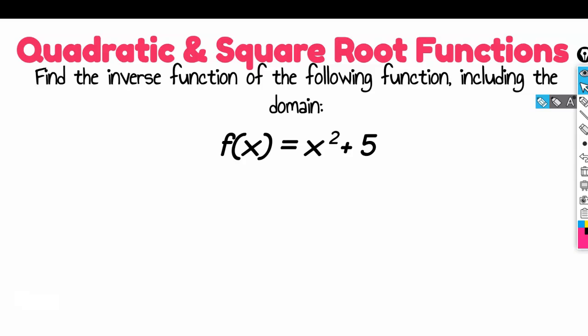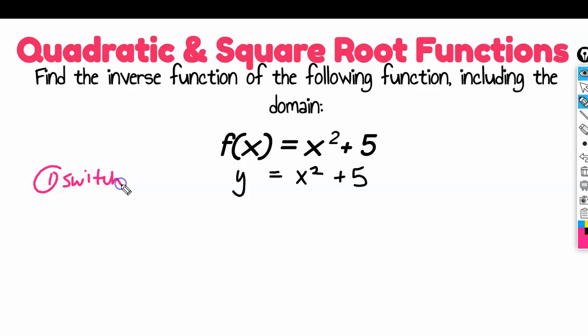Okay, moving on, we have the other type of inverse problem we'll see. Instead of starting with the square root, you'll also see one where we start with a squared, a quadratic function. The steps are going to look pretty much the same. So I've got y equals x squared plus 5. My first step is to switch the x and the y.